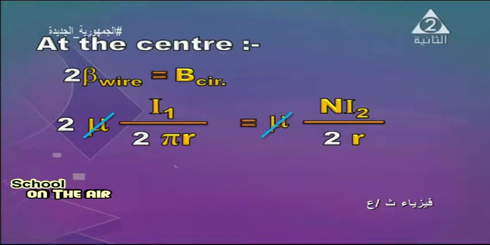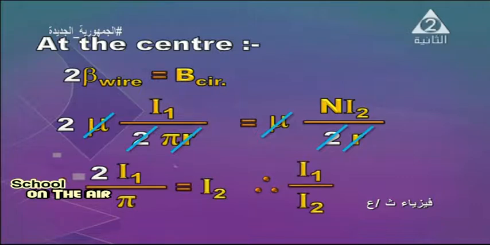Permeability will be cancelled out, and r will be cancelled out. Now we can say 2 I1 over pi equals I2. So the ratio is all easy. The ratio I1 to I2 is equal to pi over 2. So we managed to solve the problem.